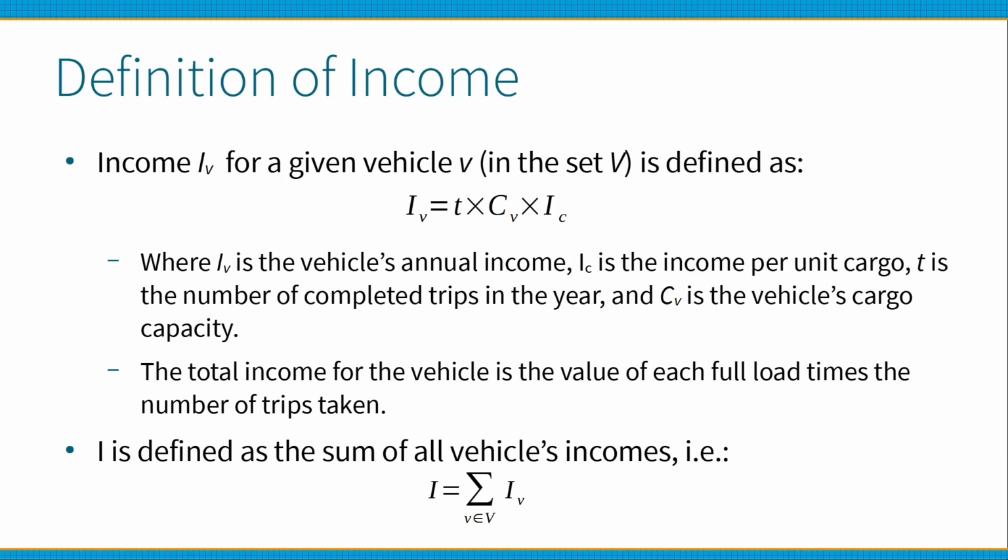And what about the individual vehicle's income? Well, if we have income per unit cargo, I sub C, and the capacity of the vehicle, C sub V, and then the number of trips we're able to take in a year, T, we can multiply them all together and predict the vehicle's income for the year.